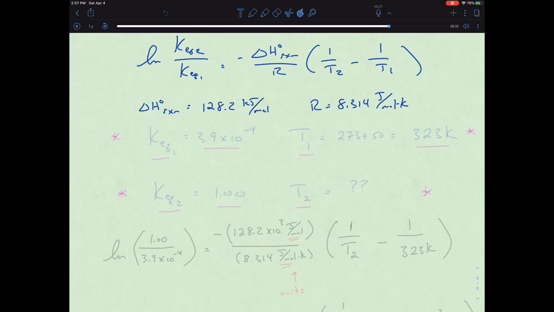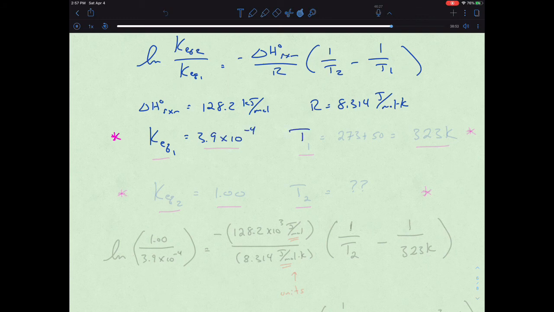So that means I'm saying a couple things in my pick: my KEQ1 is going to be equal to that 3.9 times 10 to the negative 4th.